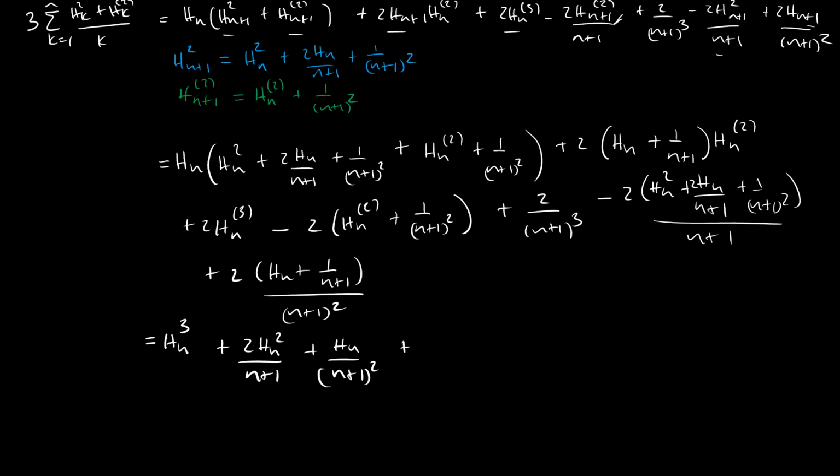plus Hn bracket squared plus Hn over n plus 1 squared plus, now we are here, we have twice Hn squared. Let's see whether that is correct.